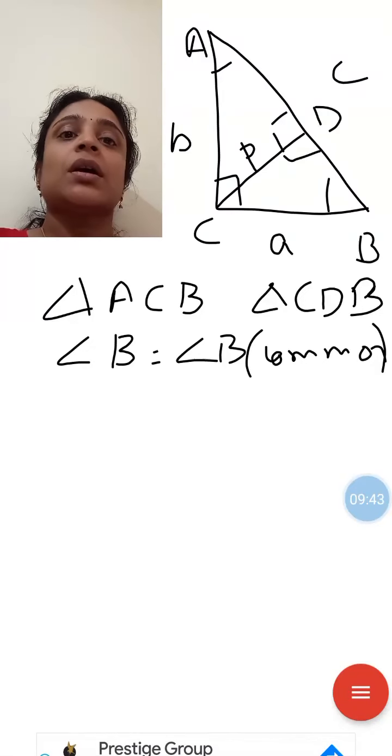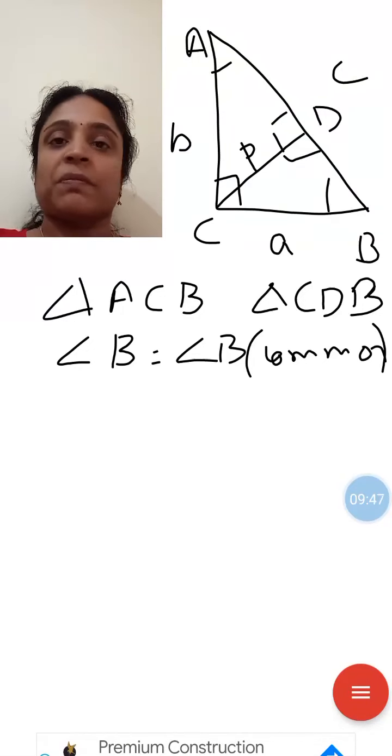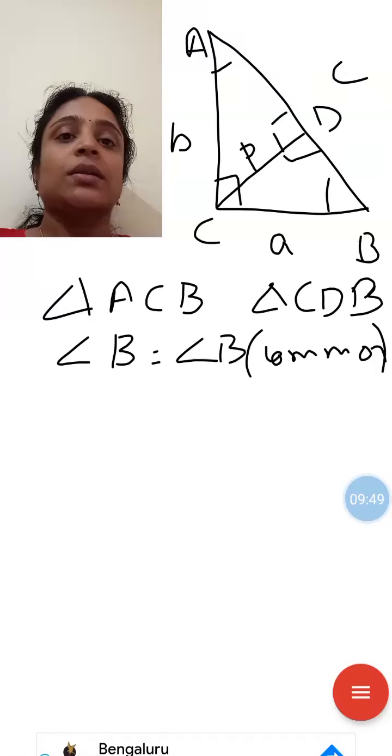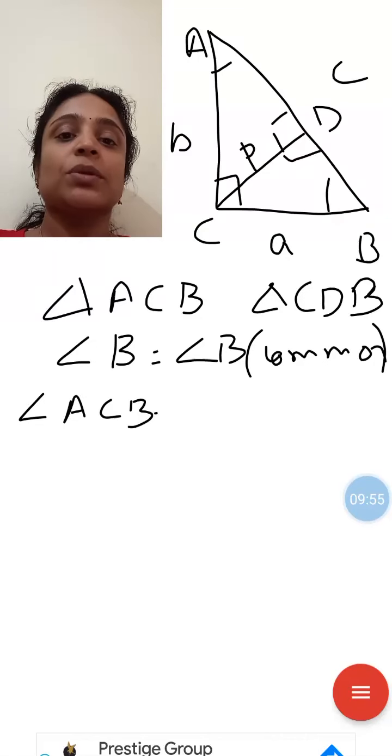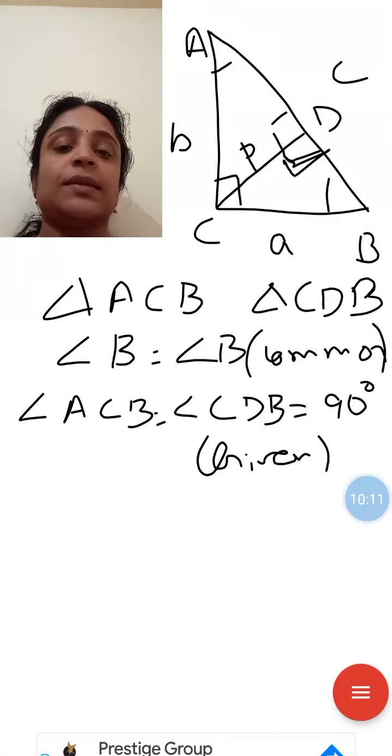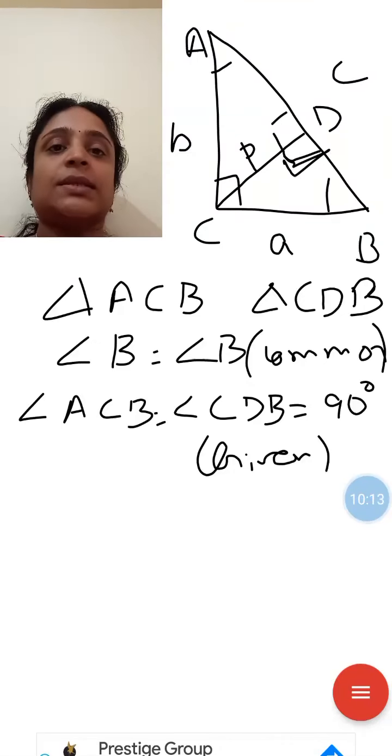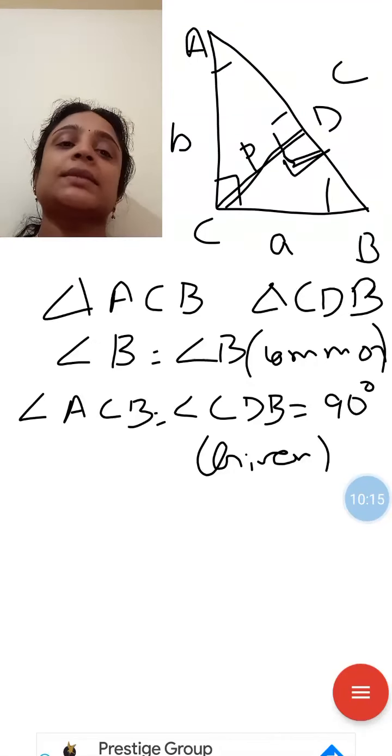And one more angle is there which is equal. That is, in triangle ACB, angle ACB equal to angle CDB equal to 90 degree. This CD is perpendicular, so angle CDB will be 90 degree.